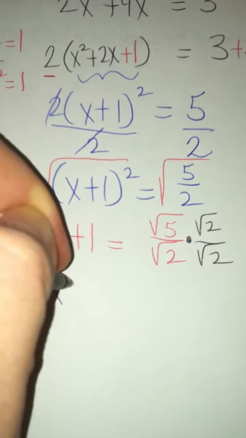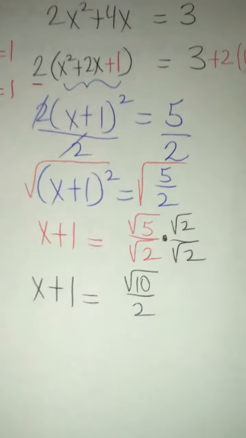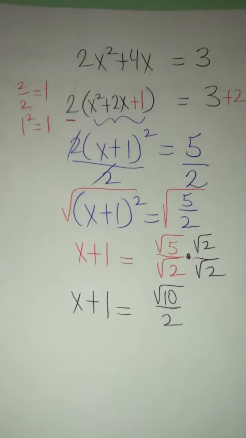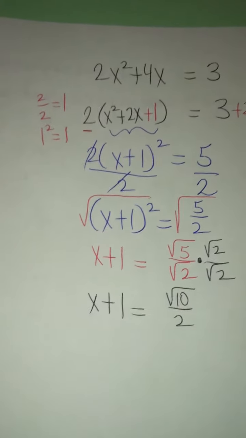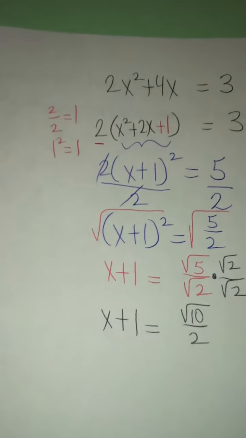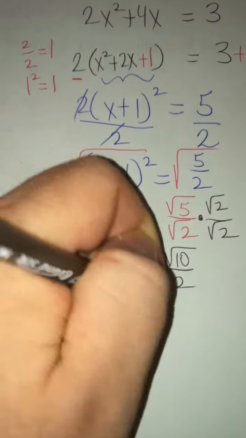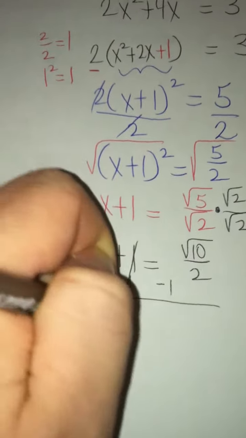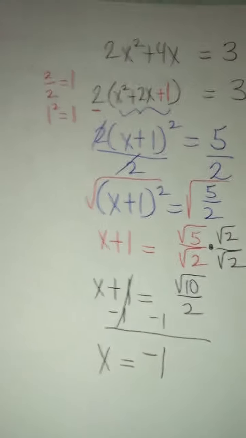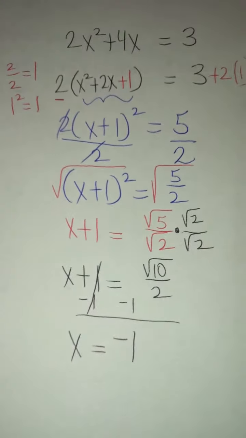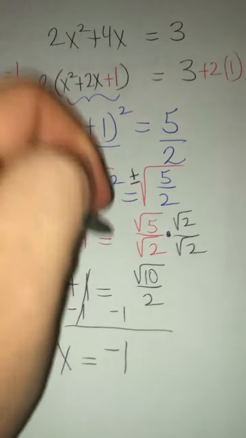So we have x plus 1 equal to square root of 10 over 2. Now, still solving for x, we need to subtract 1 from both sides. And if you notice, one thing I forgot to include, the plus and minus symbol.